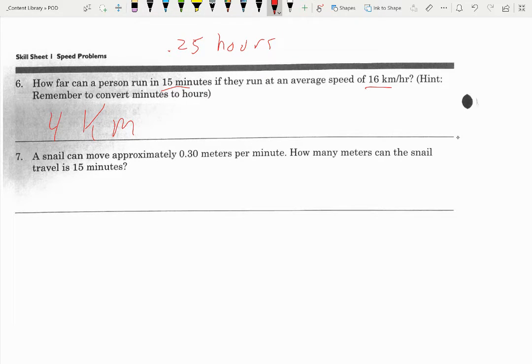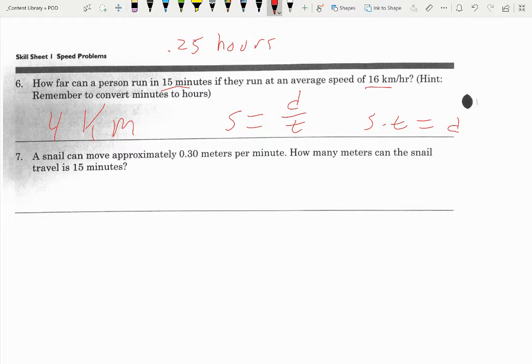And looking at the formula, remember speed is distance divided by time, right? So if you solve for distance, you have speed multiplied by time is equal to distance. And then you plug it in from there and you're good.